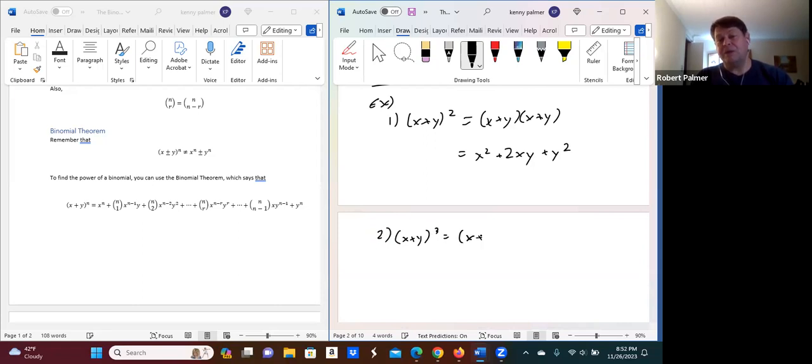Of course, this would be x plus y times itself, we have 3 of those. Now we can actually use our last result. This is going to be x plus y times x plus y times x plus y, which is x squared plus 2xy plus y squared.